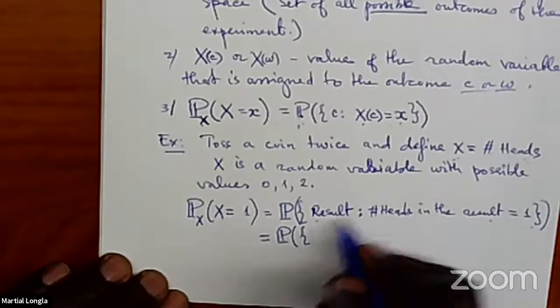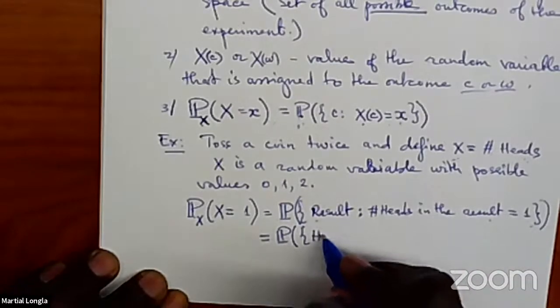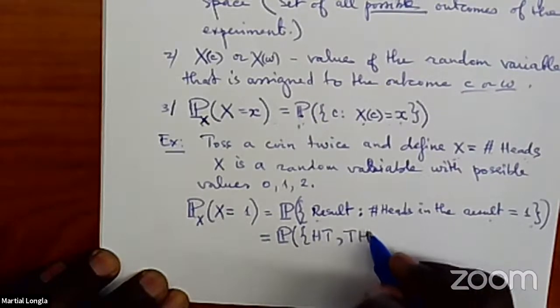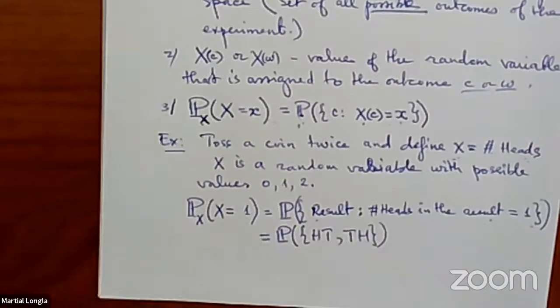So here, this probability is the probability of head-tail, tail-head. These are the only outcomes, the only results for which there is exactly 1 head. Does that make sense? Okay. So this is how you get this definition in practice. Is there any question?